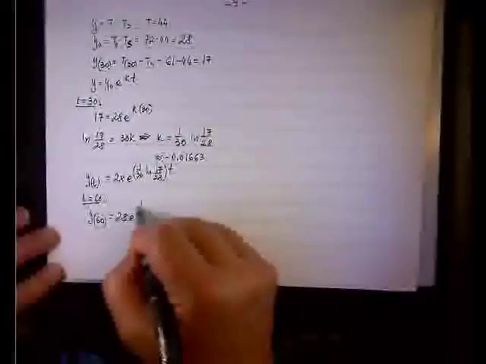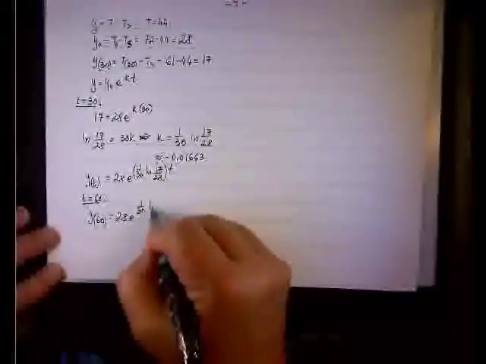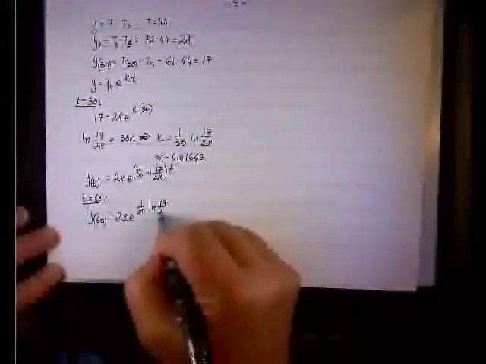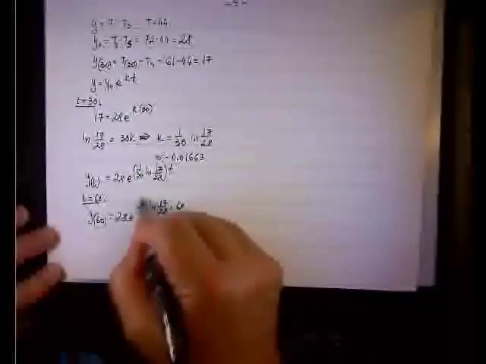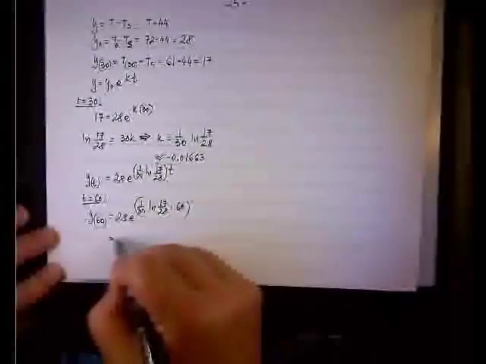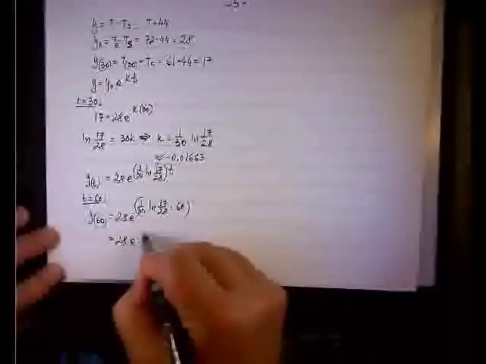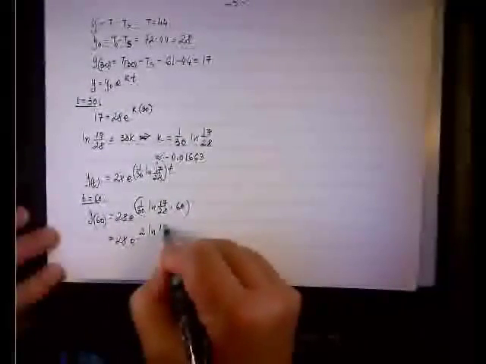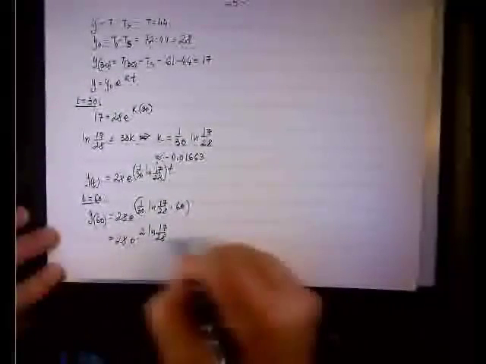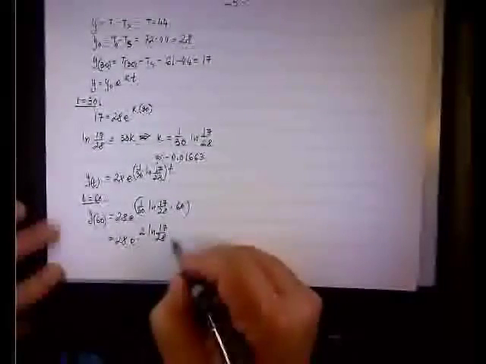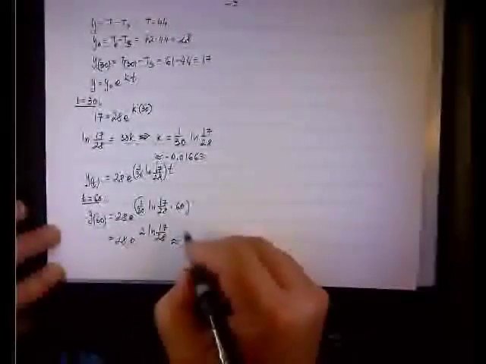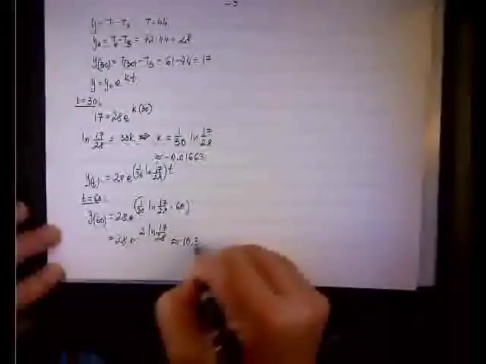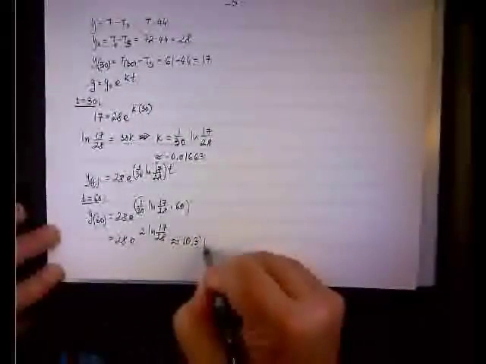Let's write it like twice: 1 over 30 natural log of 17 over 28 times 60, which is the same as 28 e to the power of 2 natural log 17 over 28, right? And this is a number that we can calculate. And at this point, I'll calculate it, and it will be 10.3 degrees Fahrenheit.